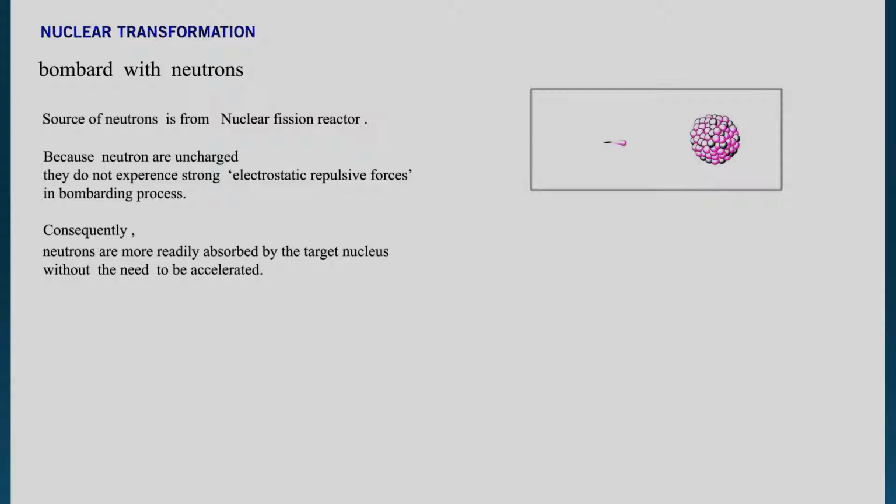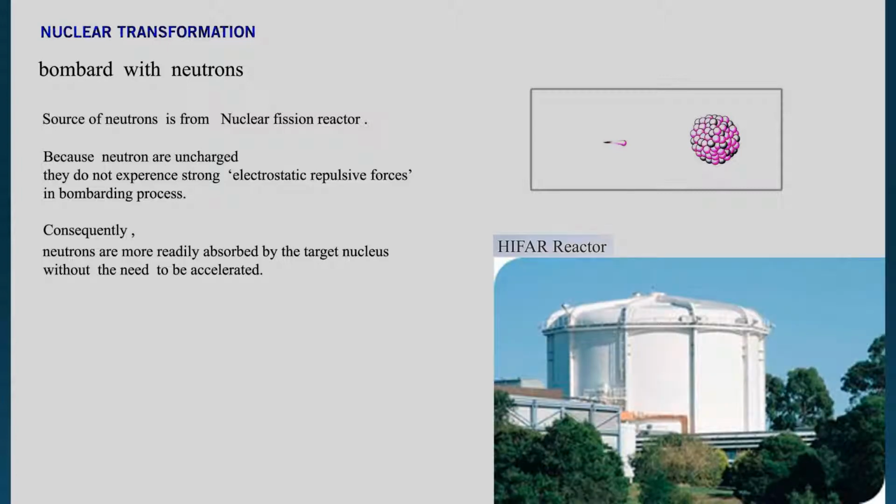Then you can be at a normal speed and it can work. Because neutron is uncharged, it won't experience this electrostatic repulsion force. And the bottom picture is this HIFAR reactor, this nuclear fusion reactor.